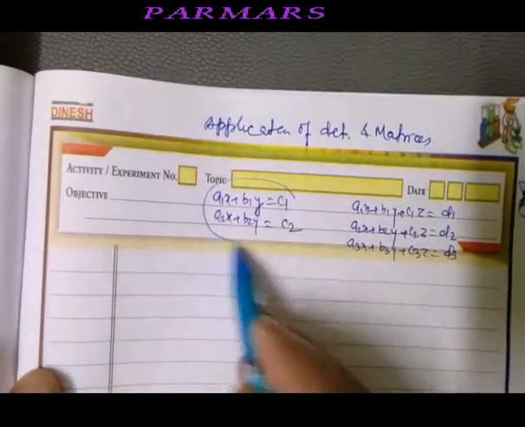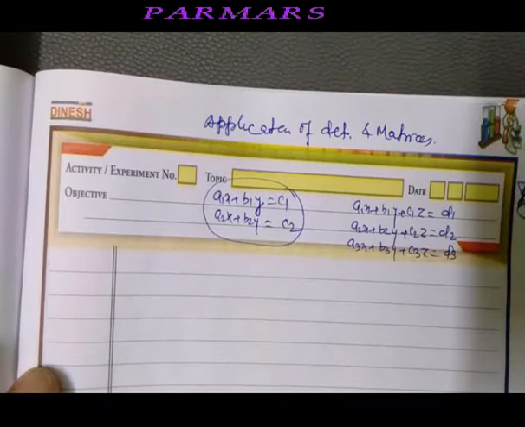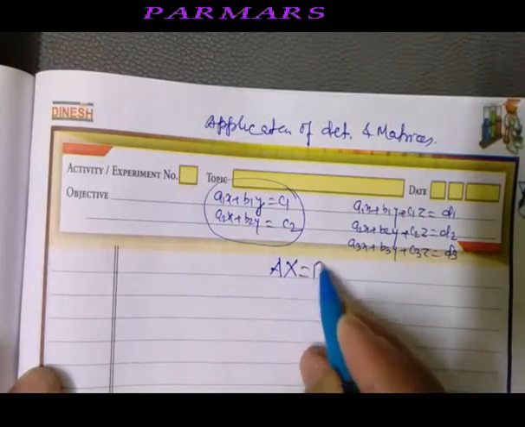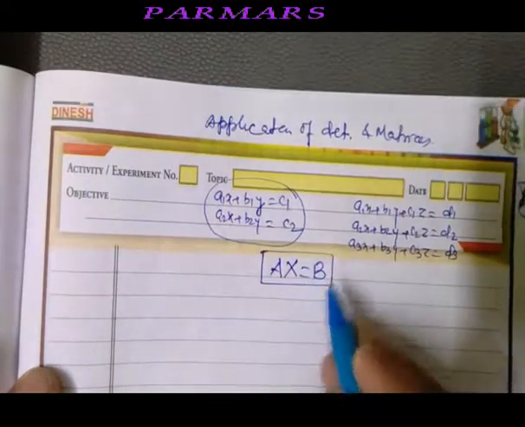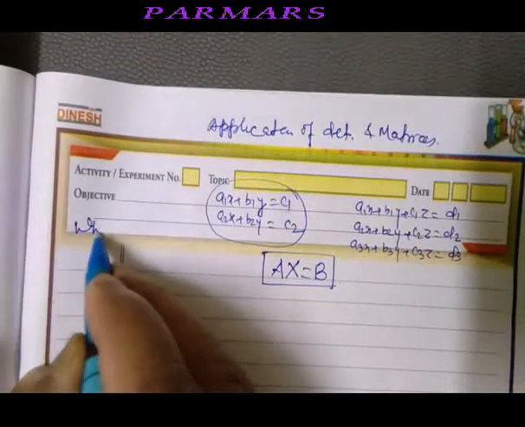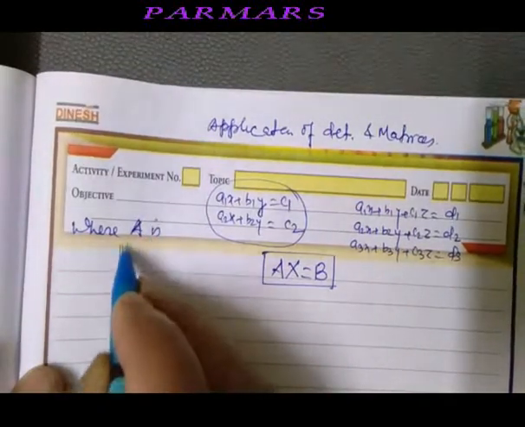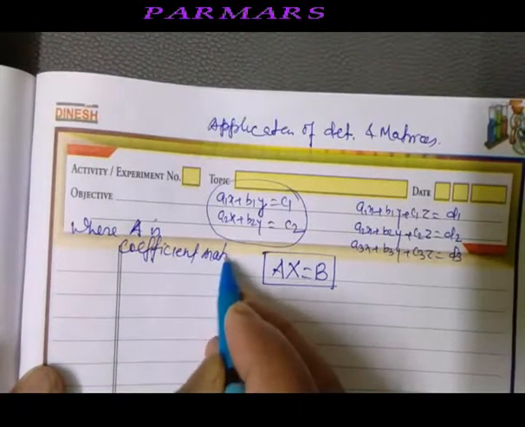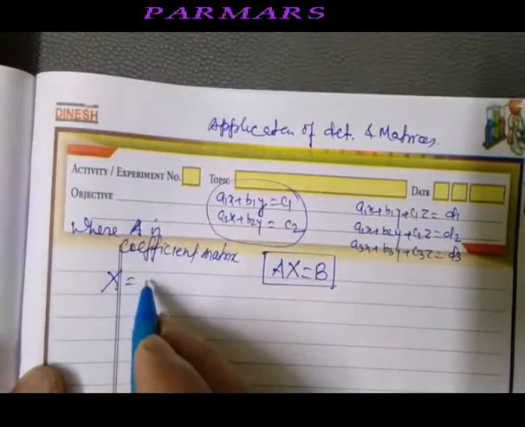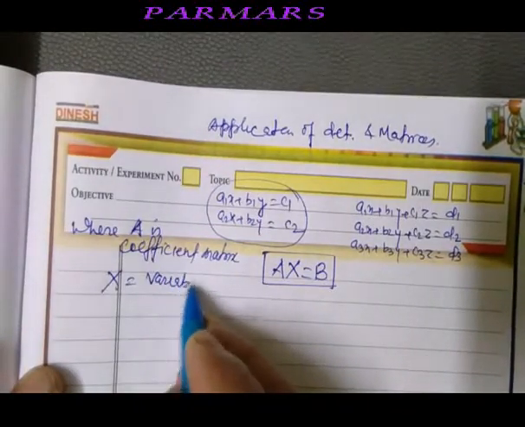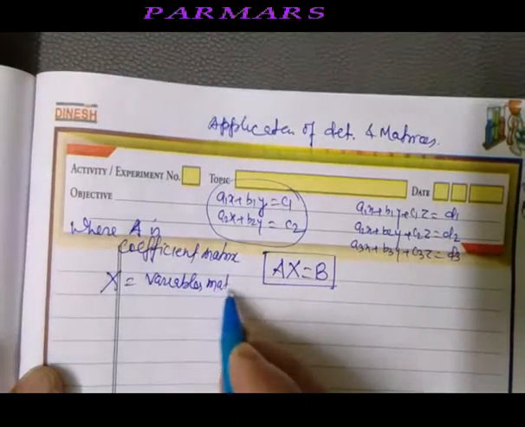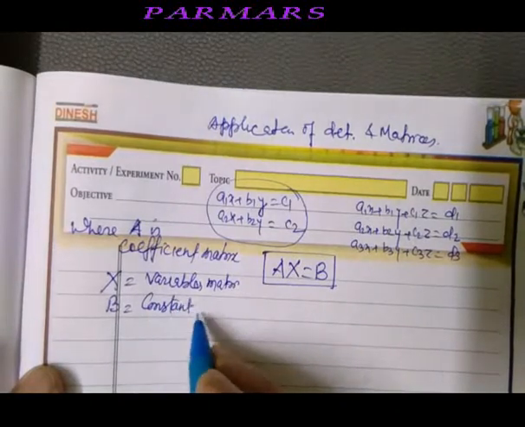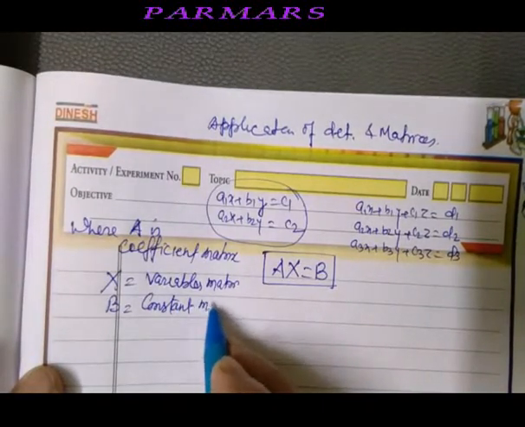Now how can you express the system of linear equations in the form of matrix? They can be written in the form of matrix like AX equal to B, where A is the coefficient matrix, X is the variable matrix, which is a column matrix, and B is the constant matrix, again a column matrix.